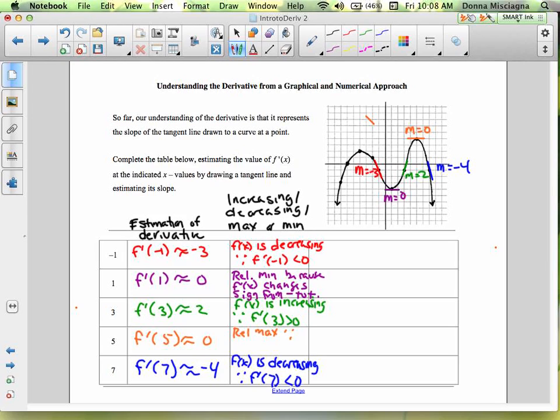because f prime, oh, and I should have put, I did it again, huh? I forgot to put the number in there. Relative min because f prime, well, it's not really changing.